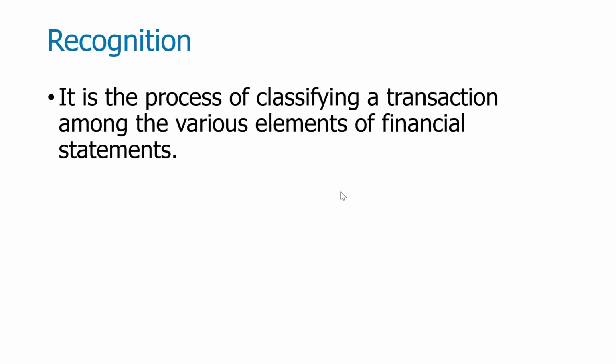So please, now that you know the elements of the financial statement, the process of classifying a transaction among the various elements of the financial statement, we call it recognition. So the process of classifying a transaction as an asset will be the recognition of an item of PPE.